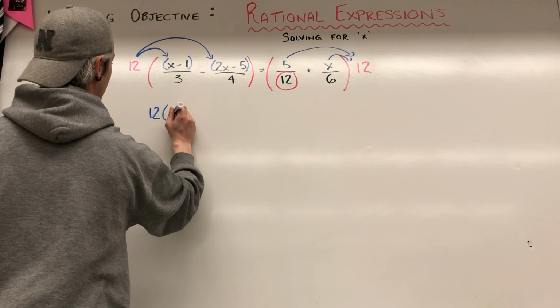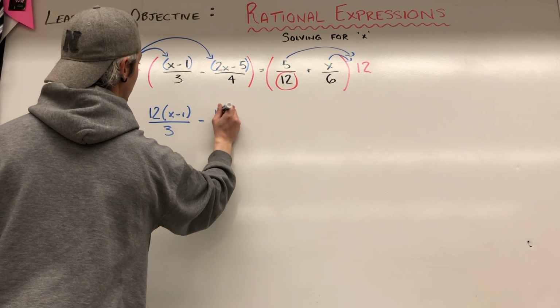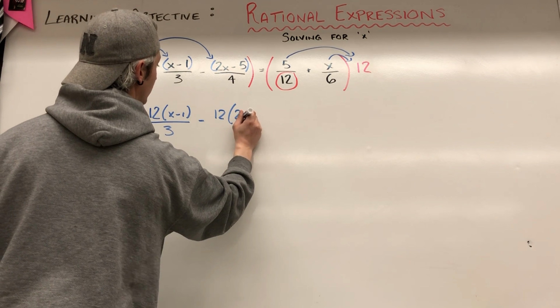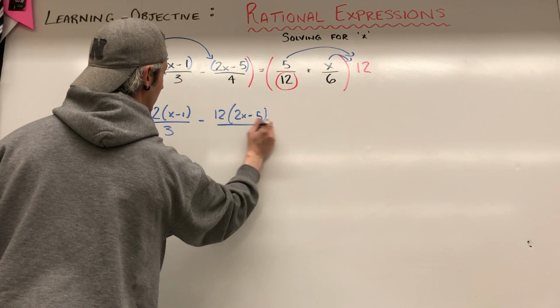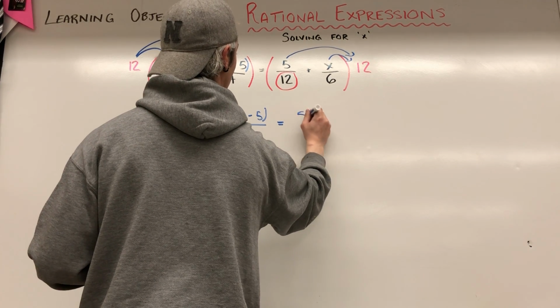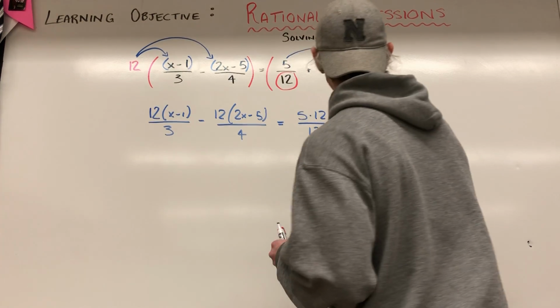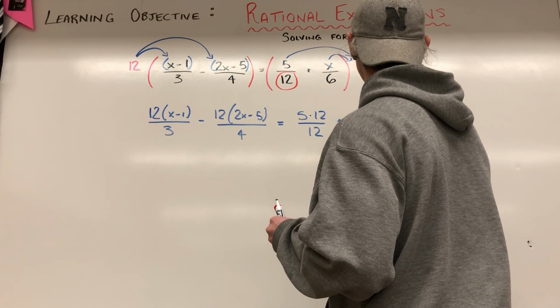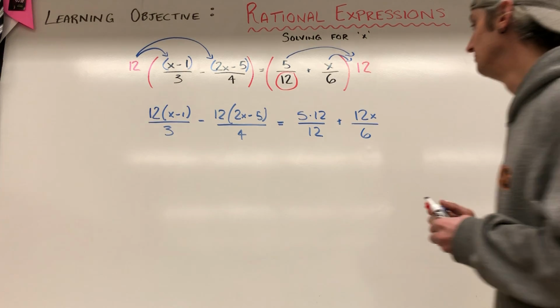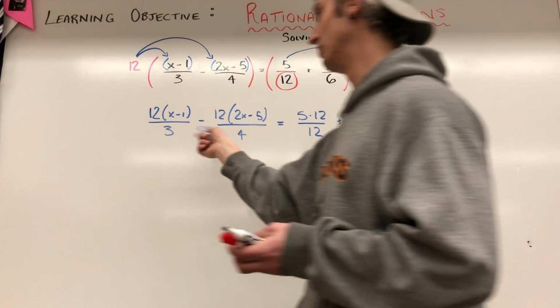12 times (x minus 1) over 3 minus 12 times (2x minus 5) over 4 is equal to 5 times 12 over 12 plus 12 times x over 6. And now I can just simplify and get rid of all the denominators.